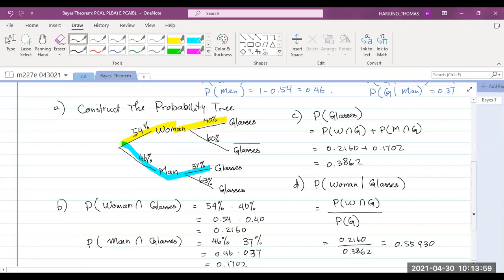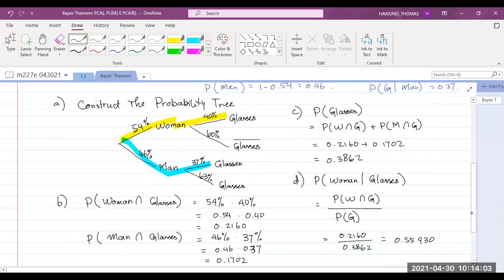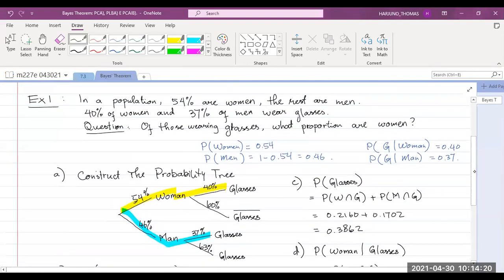So now we finish this question. What is the proportion of those wearing glasses who are women? I tried to put some flavor into this question, like how it will impact us in making a decision if this is a business decision. Originally the question seems very innocent, like, what's the point of me knowing this?